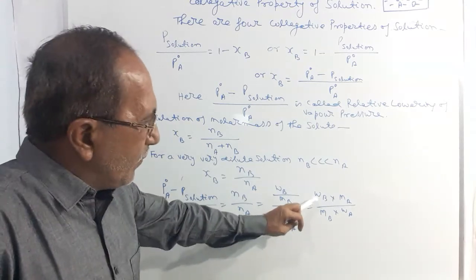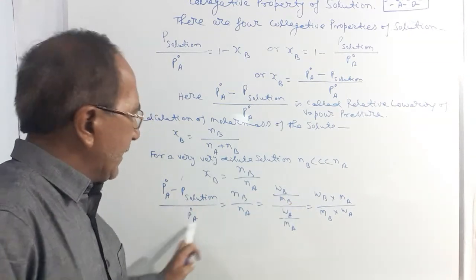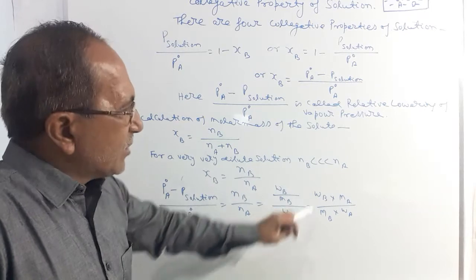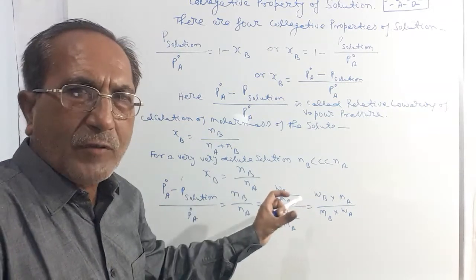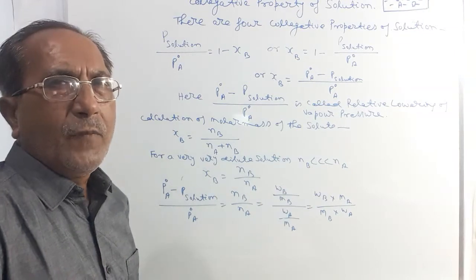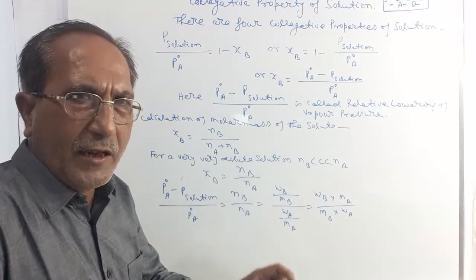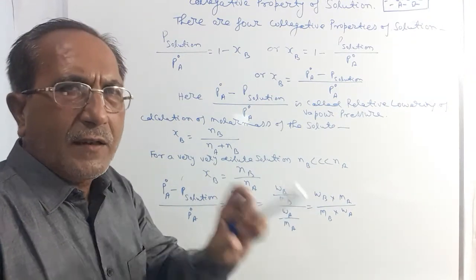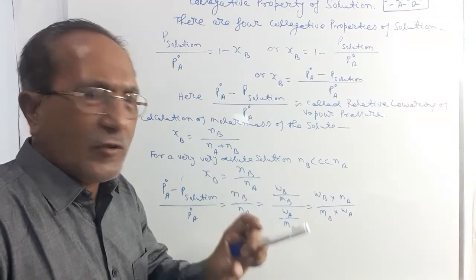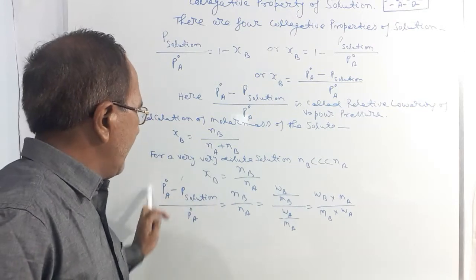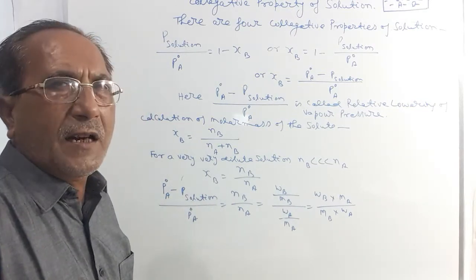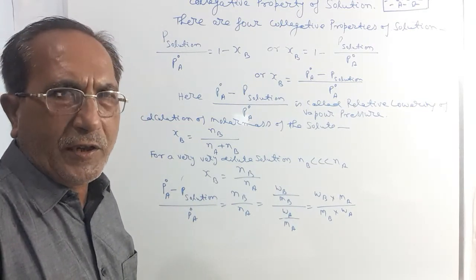So this colligative property depends upon the number of particles of the solute, not the weight. That number of particles of the solute will determine the relative lowering of vapor pressure or colligative property.